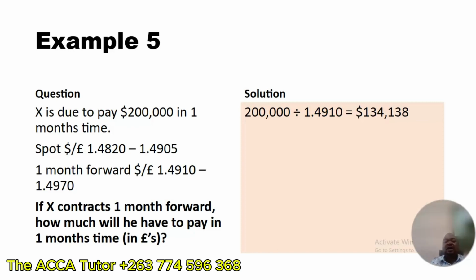The spot rate, that is the exchange rate today, is $/£ 1.4820 to 1.4905, and we have already pointed out that the difference between the two quoted rates is what is called the spread. 1 month forward is quoted at $/£ 1.4910 to 1.4970.